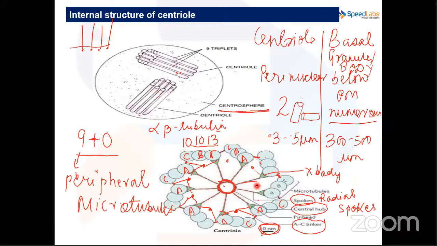This is made up of tubulin protein, and the central part does not have microtubules. It has the hub. So this is the structure of centriole, cilia, and flagella. Cilia and flagella have the same internal structure, and basal body and centriole have the same internal structure. Is this crystal clear to you all?